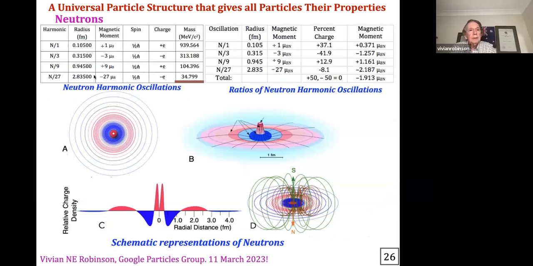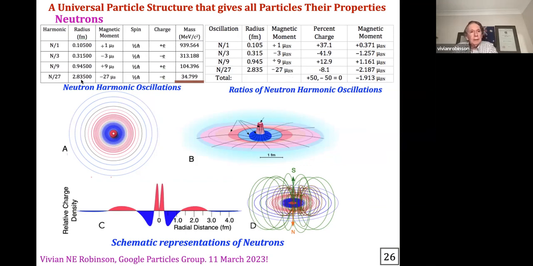Now, here's a table. This just shows the properties of the various harmonics. The N/1 is positive, N/3 is negative, N/9 positive, N/27 negative. And these are the proportions that are needed to finish up matching the neutron's observed magnetic moment and charge distribution.